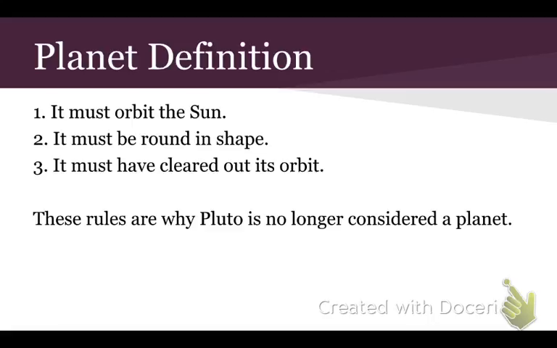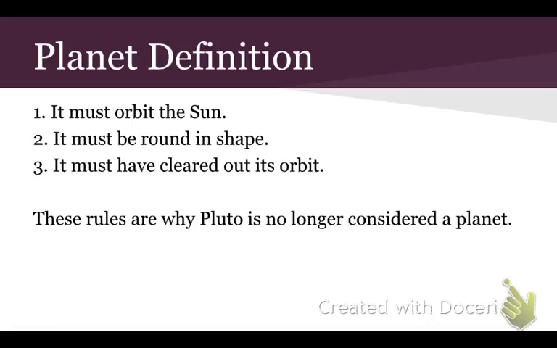These three rules are what they used to exclude Pluto from being a planet. Pluto meets the first two, but does not meet the third. The problem was that we found several more objects in addition to Pluto that were very similar in size and shape that had other objects around them.